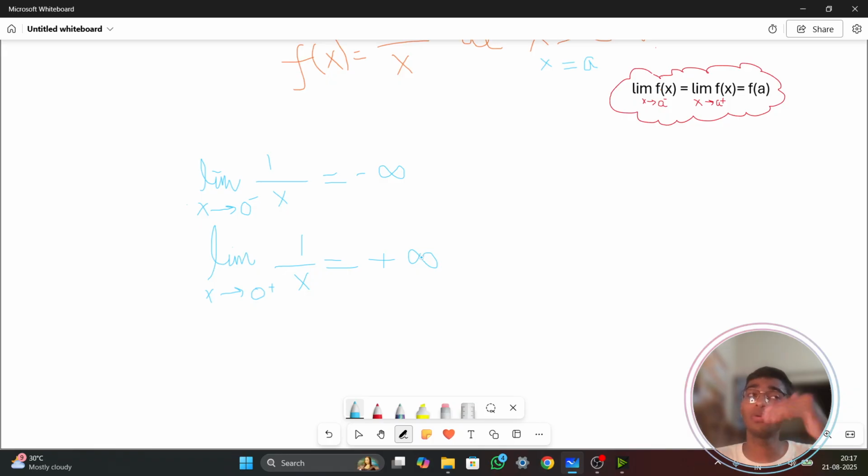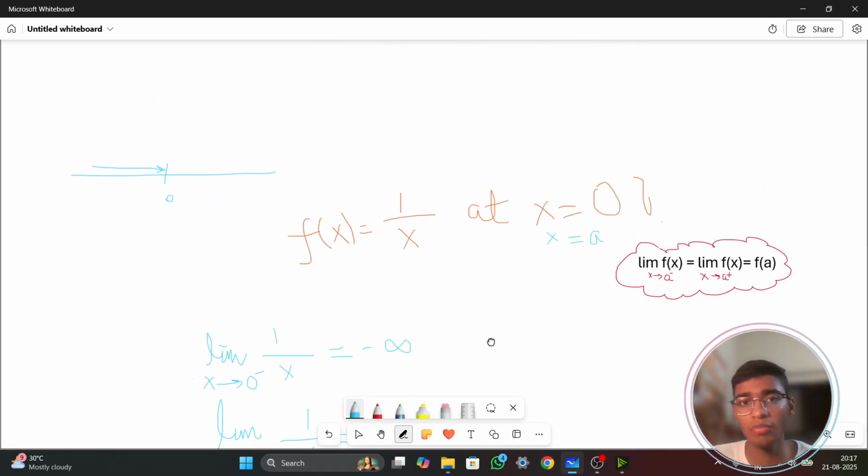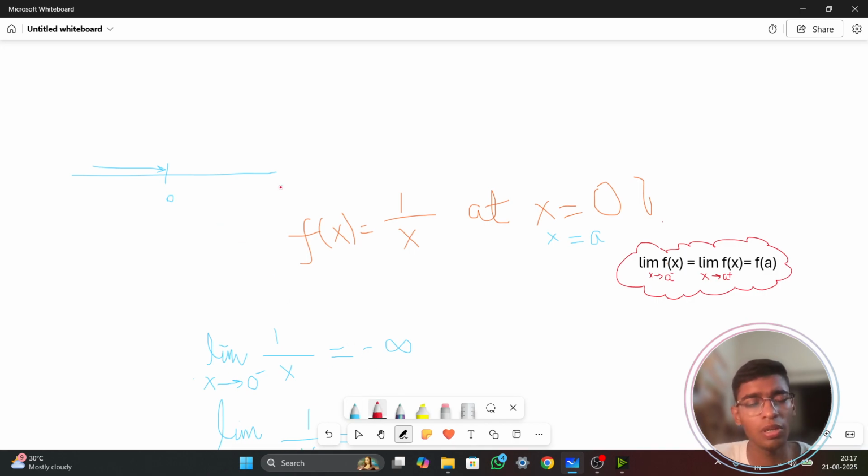That means you are going to infinity from the positive side. You know why I'm talking about this? Because if this is my arrangement, you are coming like this, and whenever you come to zero, you tend to positive infinity. And when you come from the negative side, that is zero negative, you go to negative infinity.